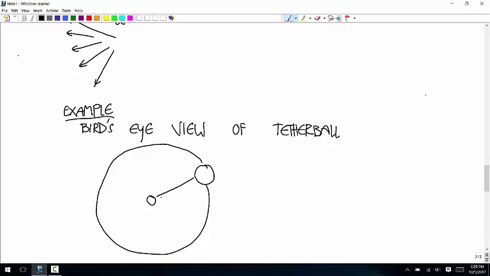Can you picture what I'm drawing? Okay, and let's say it's going around the path this way. And let's say that this is moving with a constant speed.